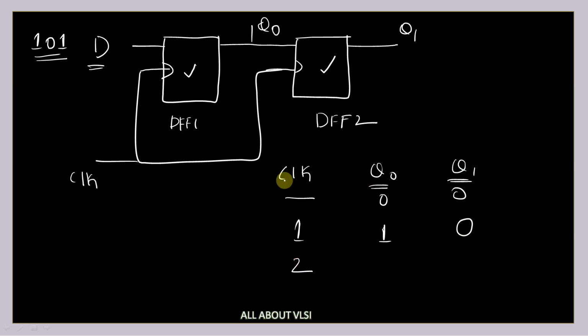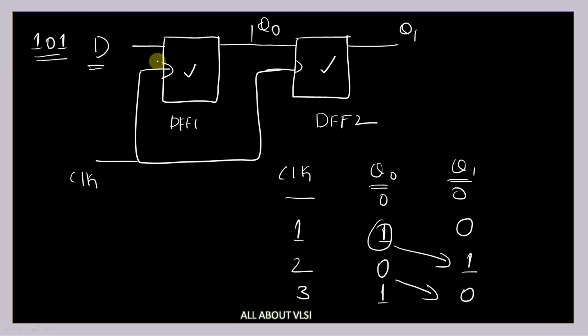At the second edge, this Q0 value will be shifted towards the right and the next value will be updated to the first D flip-flop, so we will get 0. At the third clock edge, we are going to get the next value 1 and this will be shifted to 0. So you can see in this particular code, the two D flip-flops are running parallelly.